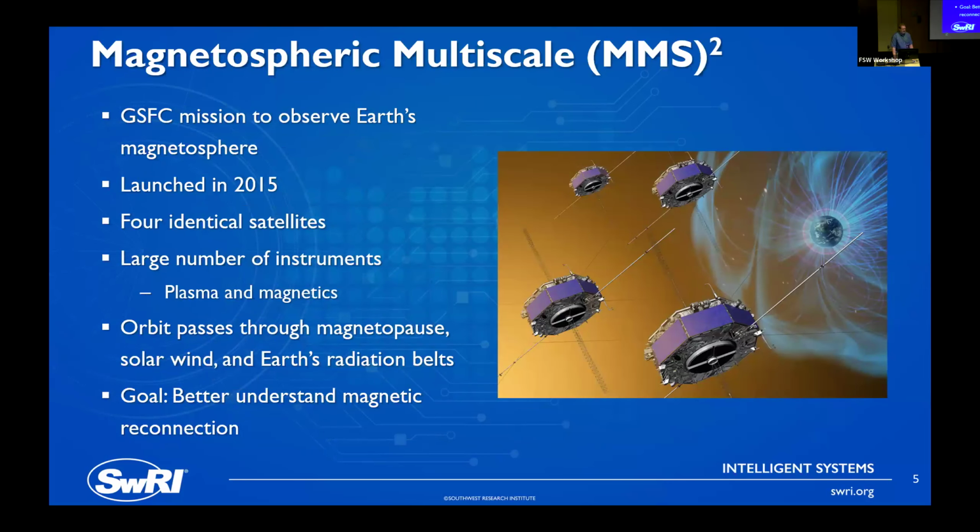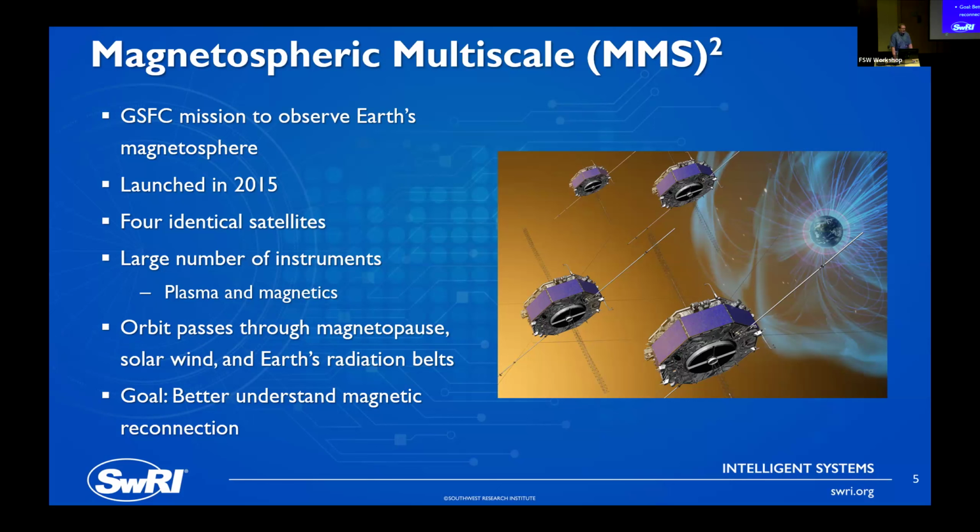I'd like to talk a little bit about Magnetospheric Multiscale, the mission that was used as a test bench for this project. This was initially a NASA Goddard mission. It's a 4 spacecraft constellation. These are rather large spacecraft.